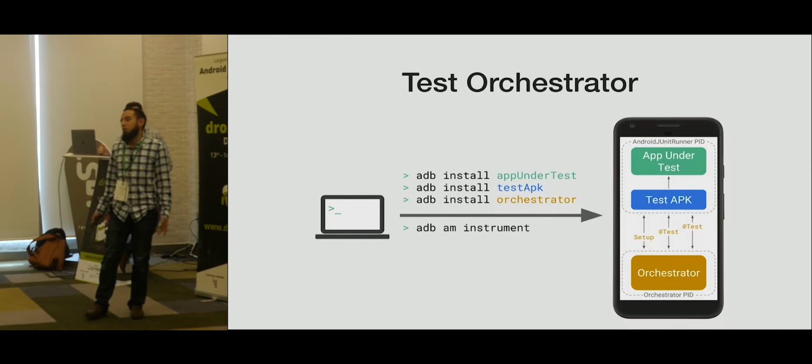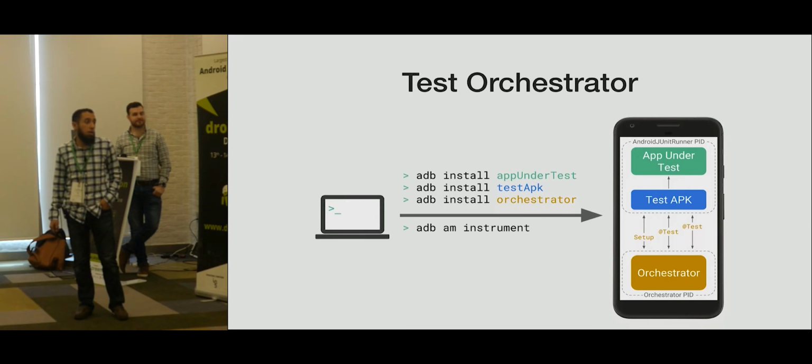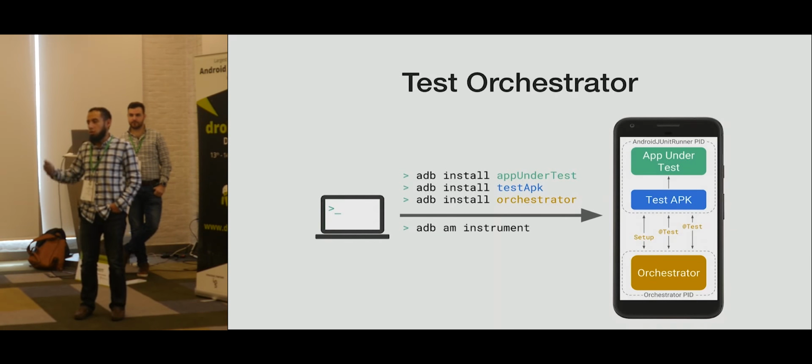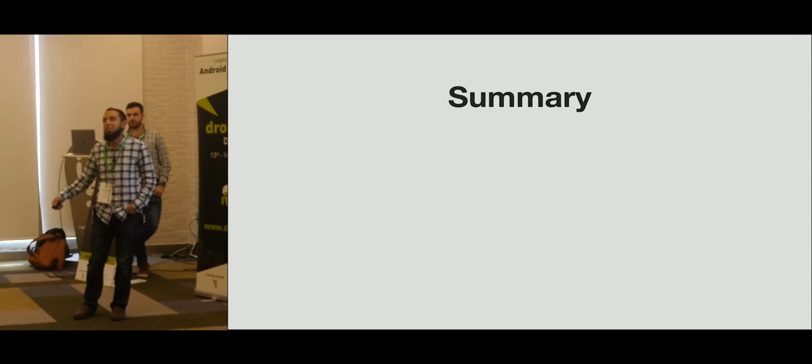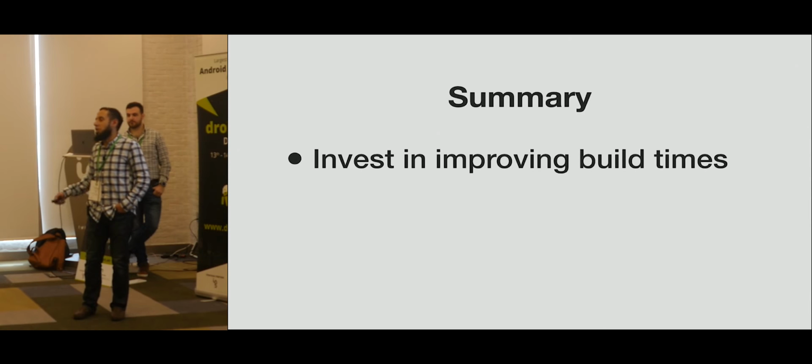And then crashing tests, that's another thing. For the last one, Google has provided the test orchestrator so that for instrumentation tests specifically, instead of one instance of instrumentation under which all the tests run, we can run each test under its own instance of instrumentation, so that if something crashes in one test, it doesn't crash all the tests.